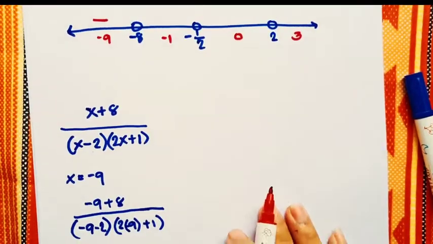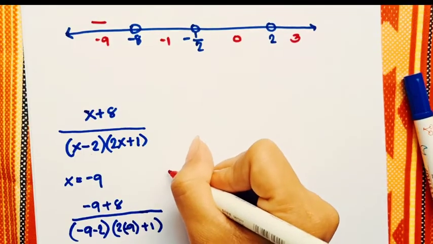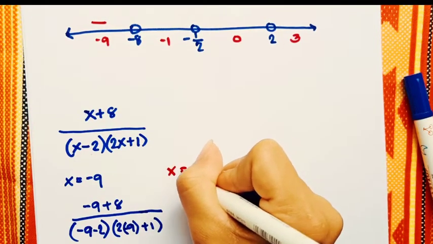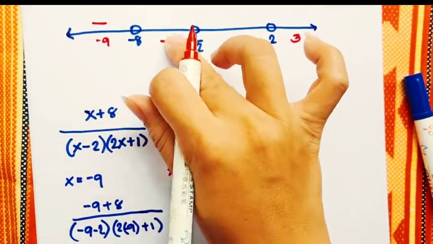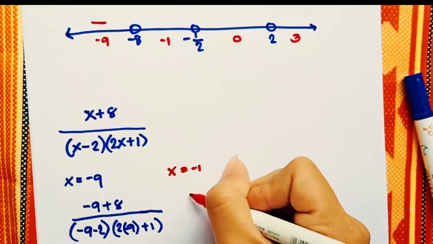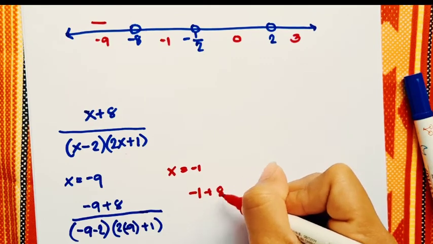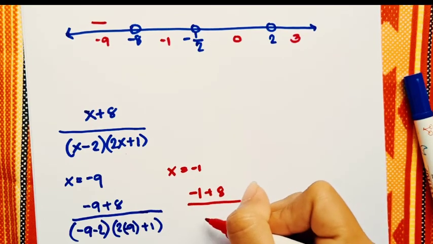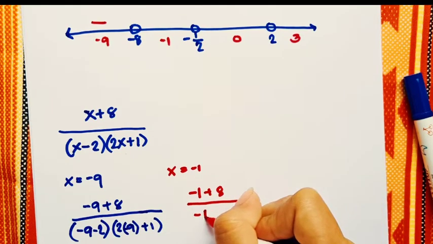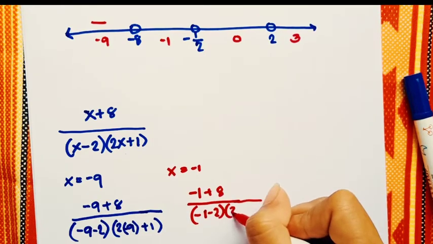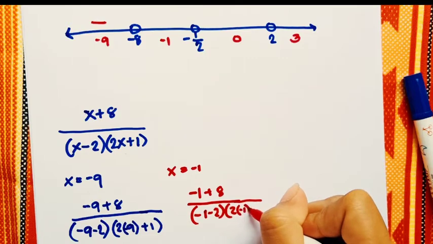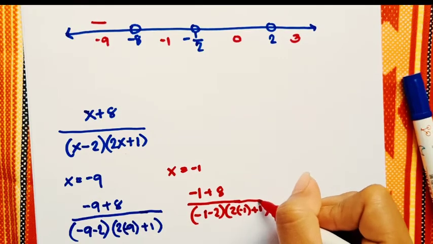Na, next, diri ta next, pag x is equal to negative 1. So, i-substitute na po nato ang negative 1. Negative 1 plus 8 over negative 1 minus 2 times 2 times negative 1 plus 1.